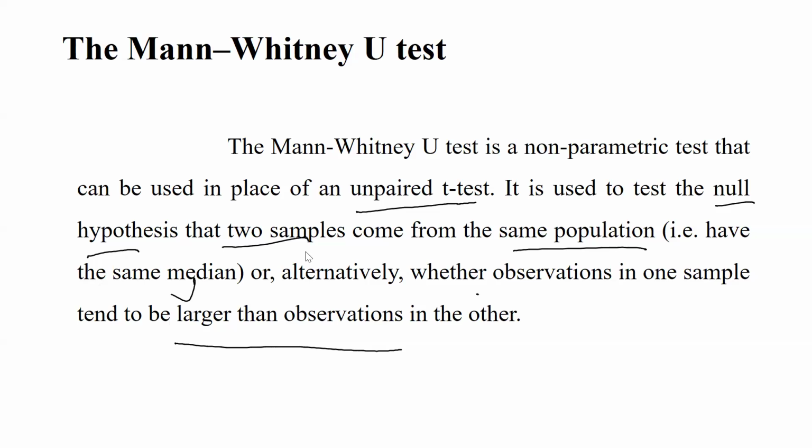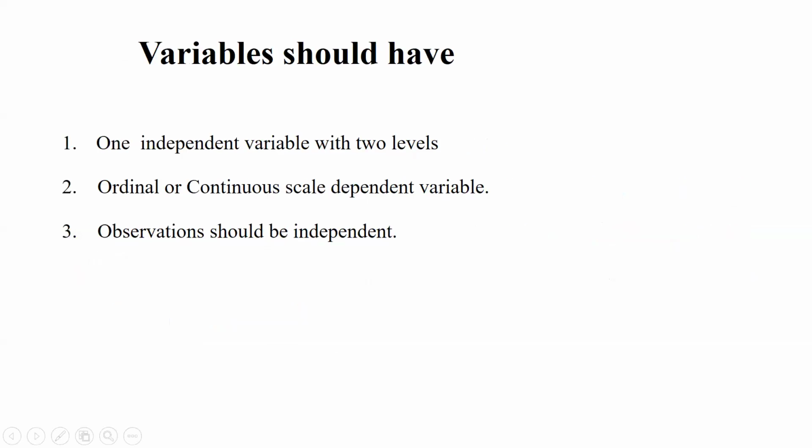Now, the condition is that one variable should have two labels, meaning the independent variable. There are two types of variables in a Mann-Whitney U test.